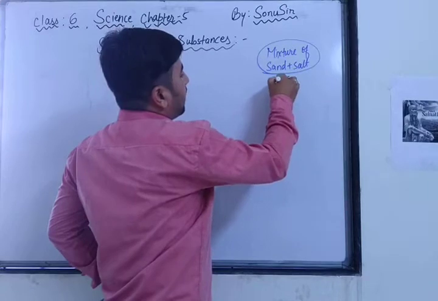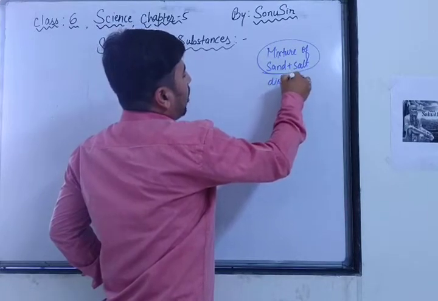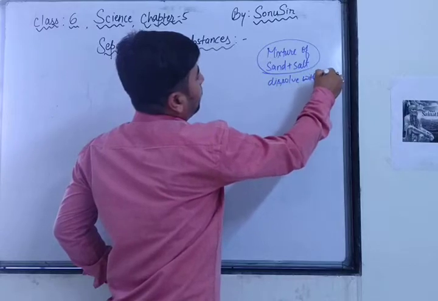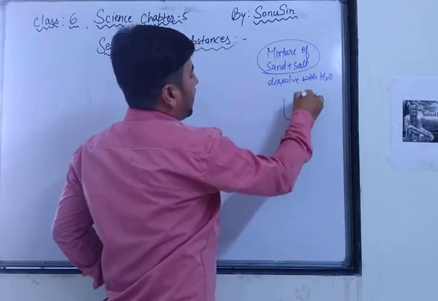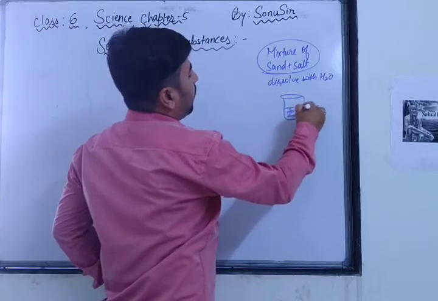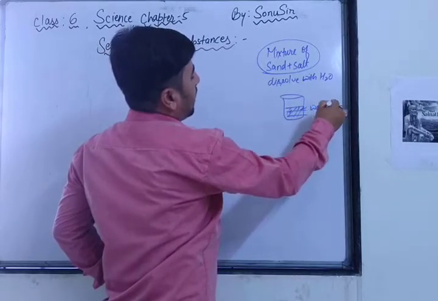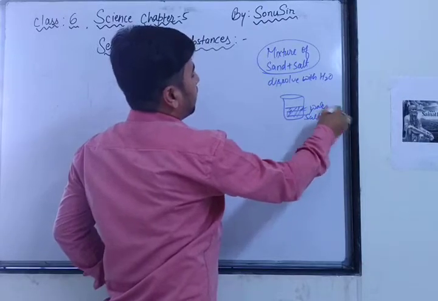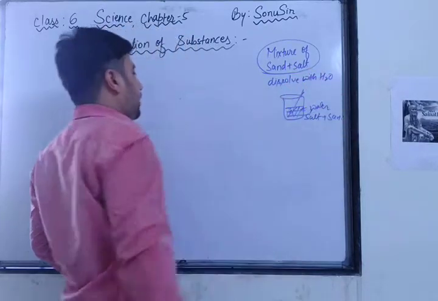First you will dissolve this in a beaker with water, right? You have taken one beaker, taken this mixture and dissolved it with water. Water plus salt plus sand. These three things are mixed and you have stirred this and made a solution.